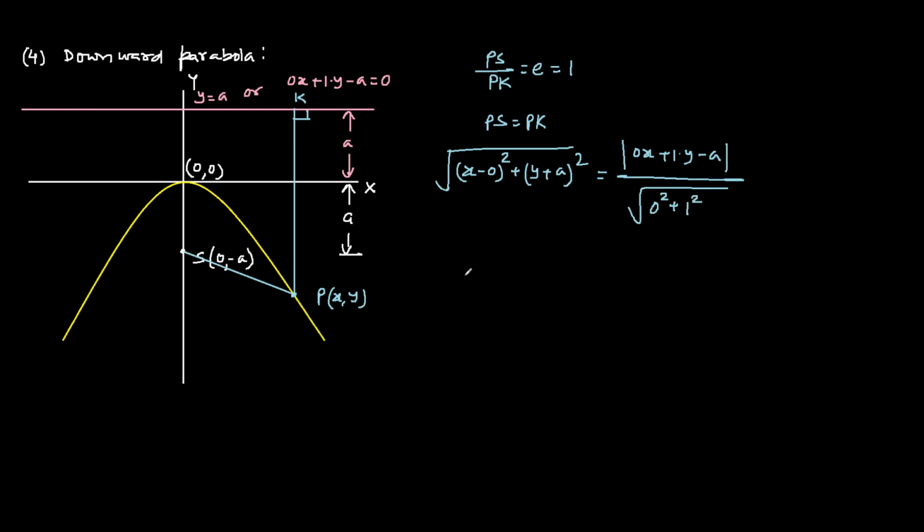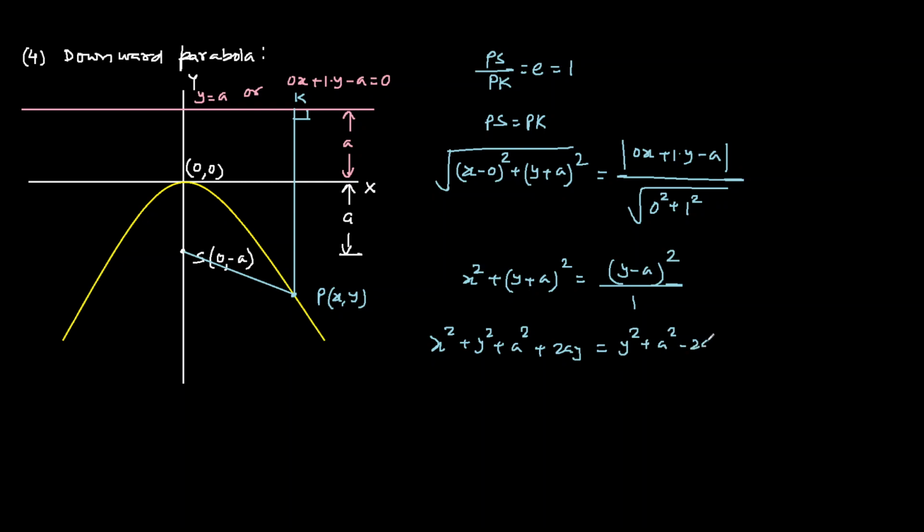Now squaring both sides, we have x square plus y plus a square equal to y minus a square divided by 1. So x square plus y square plus a square plus 2ay equal to y square plus a square minus 2ay. These two y square are cancelled out. Similarly, the a square terms are also cancelled out.